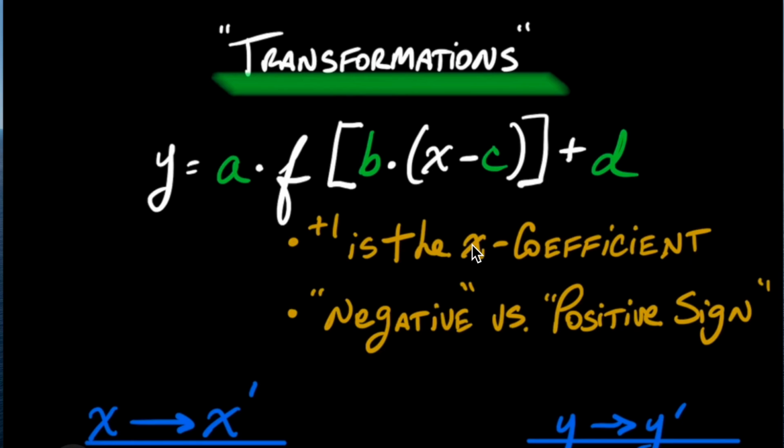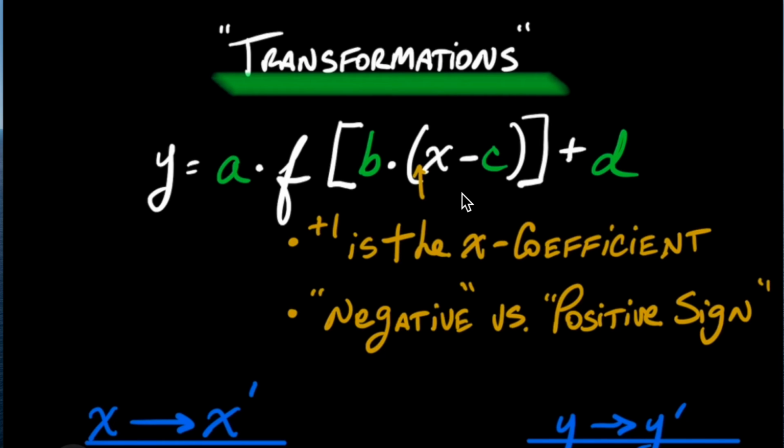Now I want you to notice two things. First, the coefficient of the x has to be a 1. So if you start out with, let's say, a 1/2 in front of the x, you need to pull that out and create a b value, because you can't do transformations unless and until that x coefficient is 1.